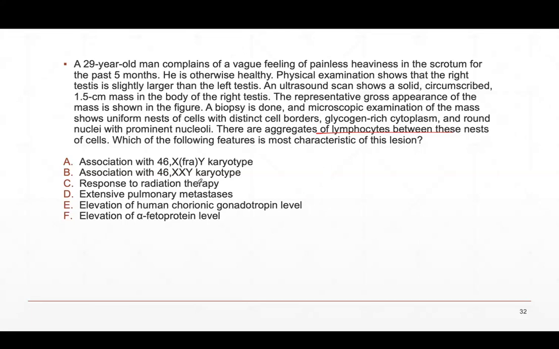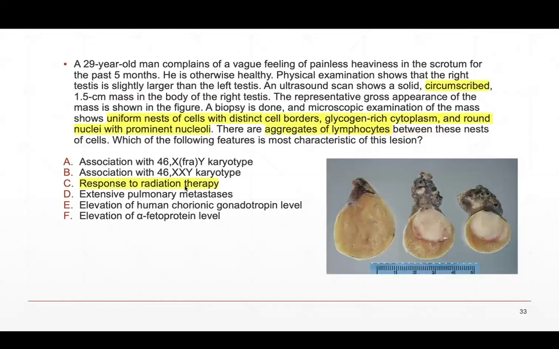So which of these would you choose? Excellent. C. Of all tumors in the testis, this is the only one that responds well to radiation therapy, which is a really good thing. And so I should have put this before actually, but there you go.